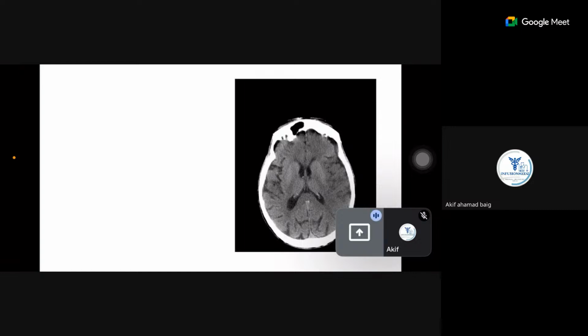So this is the loss of insular ribbon sign. On the right side of the image, which is the anatomical left, the ribbon is intact, whereas on the left side there is loss of the insula. So this is also one of the signs for acute stroke.